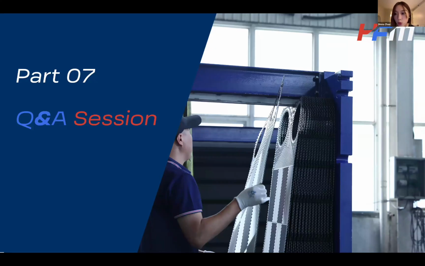As we are waiting for more questions to be dropped, I do see a lot of you have dropped a question earlier. So as others are dropping more questions, we can begin to choose a few of the most frequently asked questions. A lot of you ask, how can I choose the right plate exchanger for my sugar or ethanol plants?